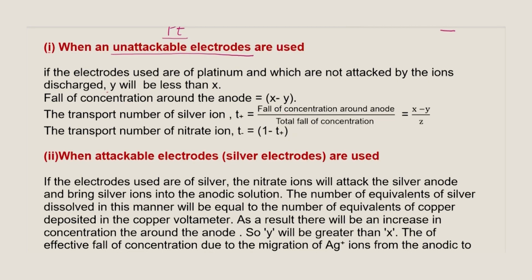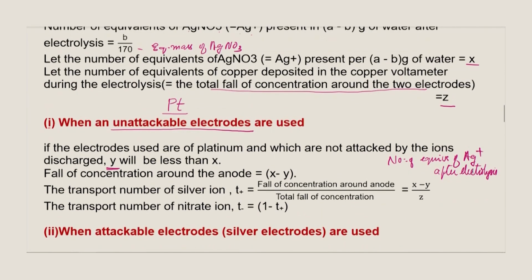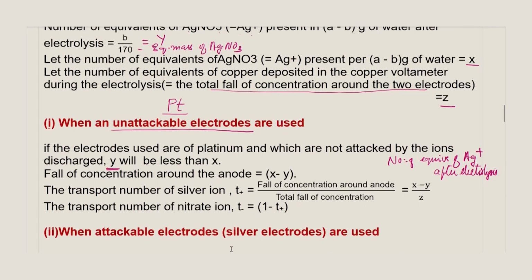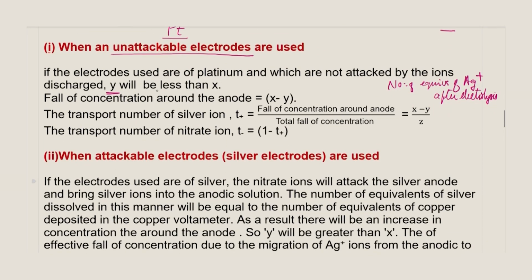If the electrode used is platinum and is not attacked by the ions discharged, you can have two values. Y is considered as the number of equivalents of Ag plus ions after electrolysis. That is what we have seen in the previous one: the number of equivalents of Ag plus ions present in A minus B, which is equal to B by 170, which is equal to Y. Now, X is the number of equivalents of silver ions before electrolysis.